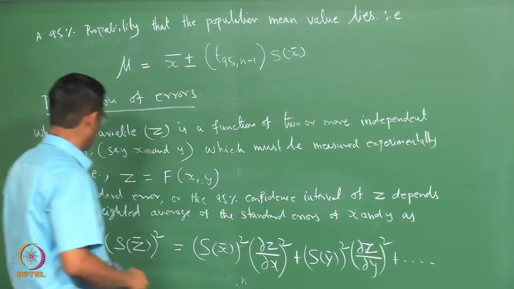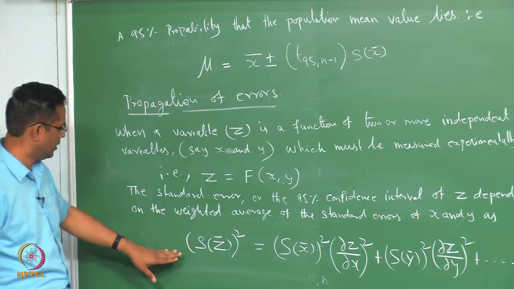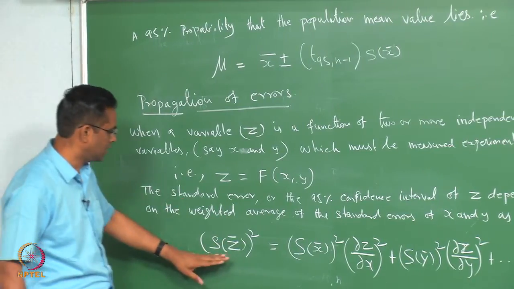So, when you have the variables x and y, the standard error propagation is written like this.